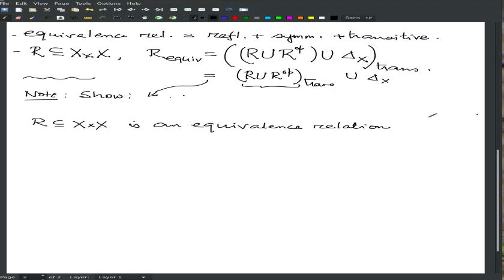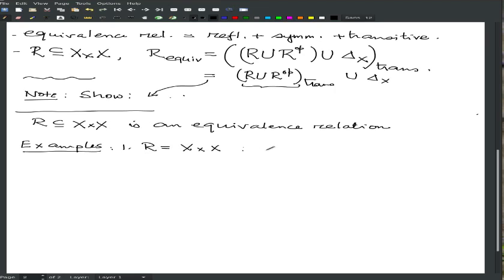Okay. Now let's come back to this equivalence relation. Let's look into a first typical example. Obviously, if you take R to be the whole of this, it is an equivalence relation.